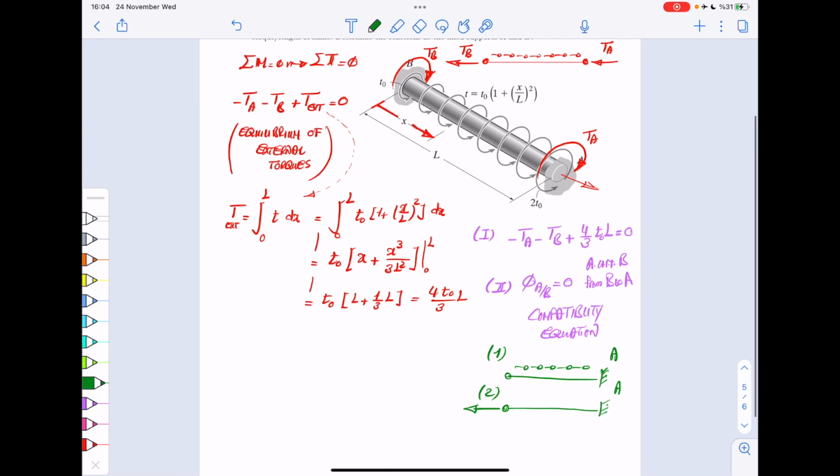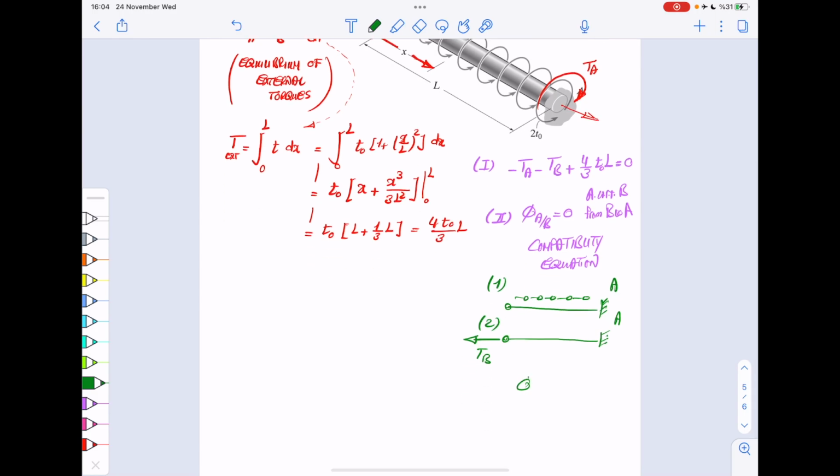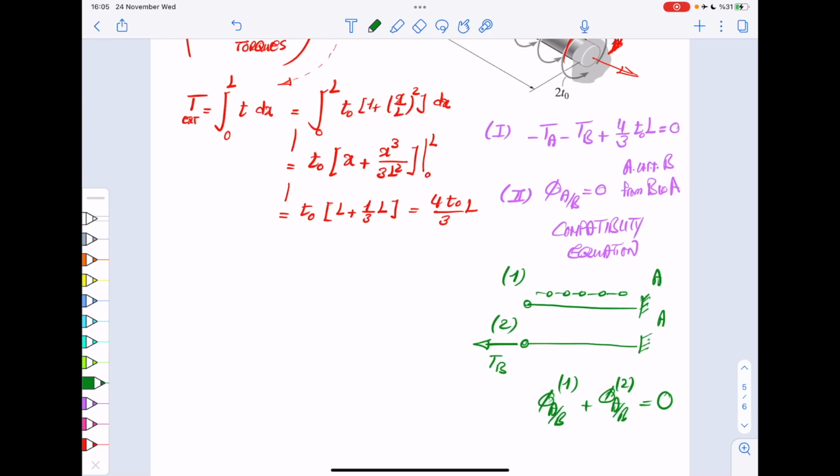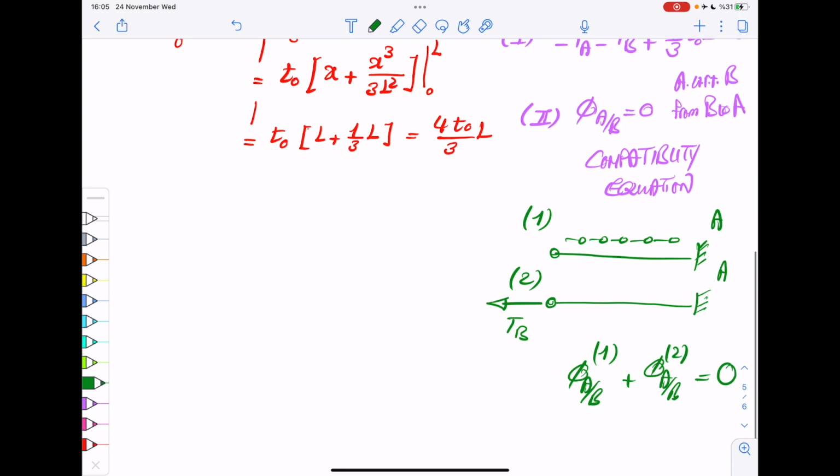So this was our TB, the way we drew it up there. So for both of these systems, we want to calculate phi of A with respect to B, and then adding them should give us 0. So far, is everything clear, I hope?